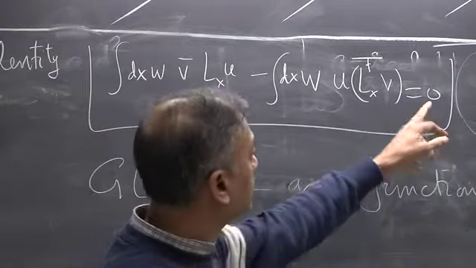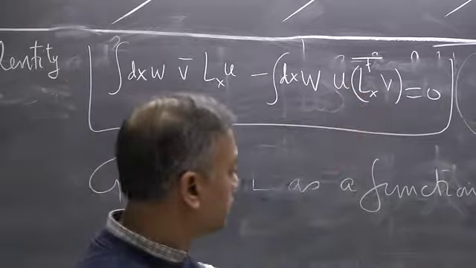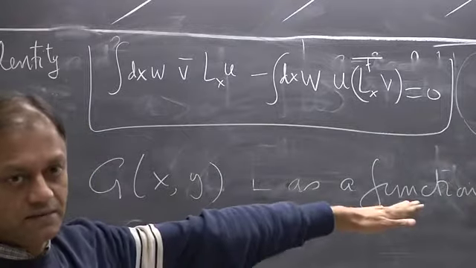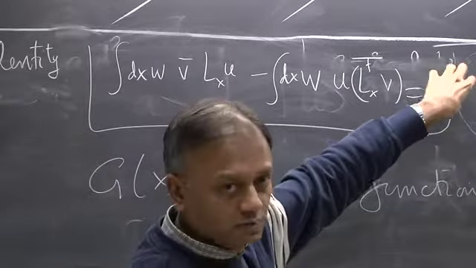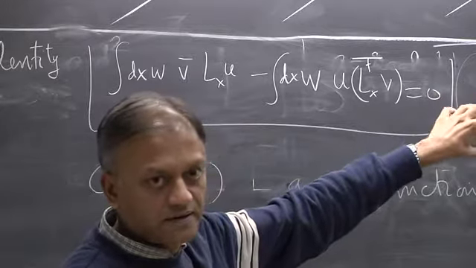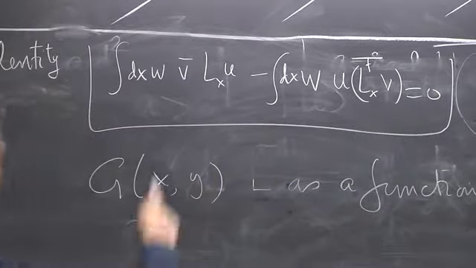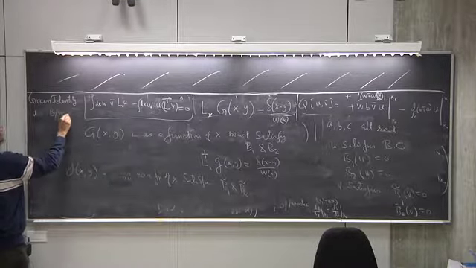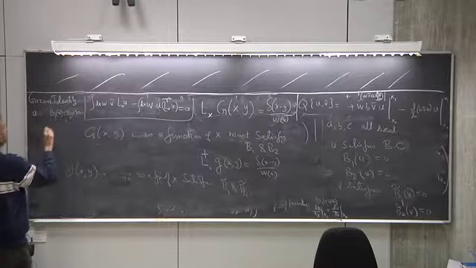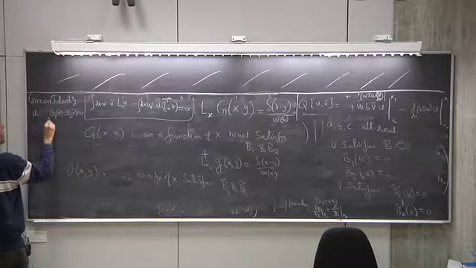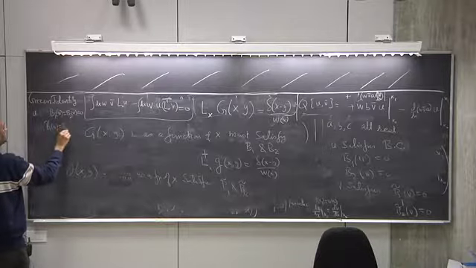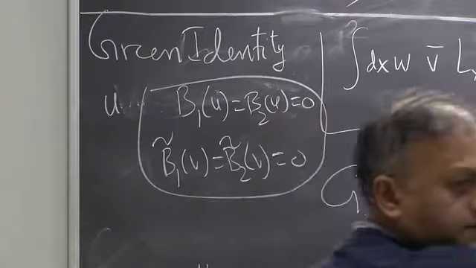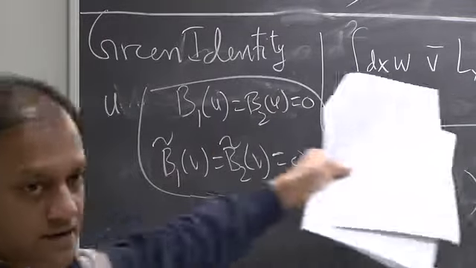This is actually the boundary terms, but remember we are always imposing the boundary conditions B1 and B2 on U and B1 tilde and B2 tilde on V, so that the boundary terms vanish. Otherwise, more generally, there would be surface terms. But here we assume that U satisfies B1 and B2, and V satisfies B1 tilde of V equal to B2 tilde of V equal to 0, so that the boundary terms vanish. This is called the Green identity.